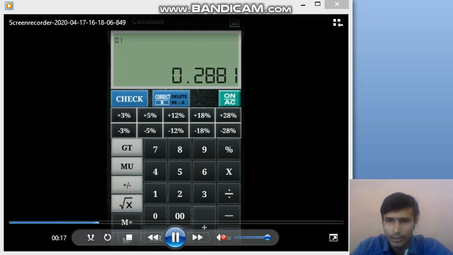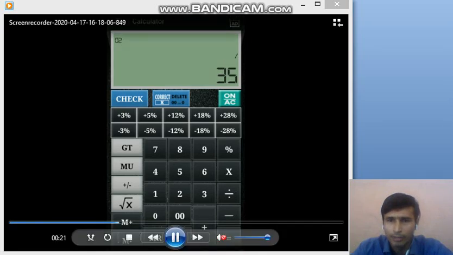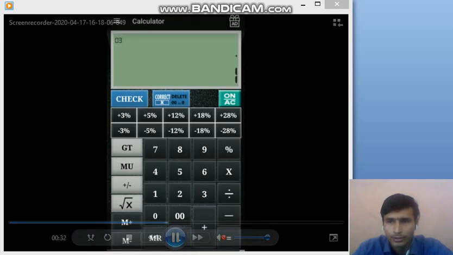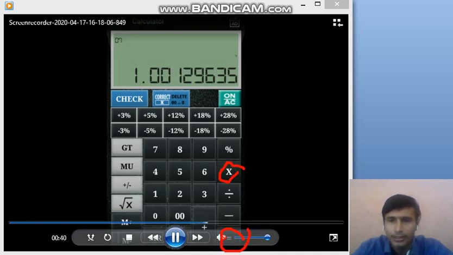Then divide this number by 3558, then add plus 1 to this number, and we press the multiply and equal button 13 times, right?